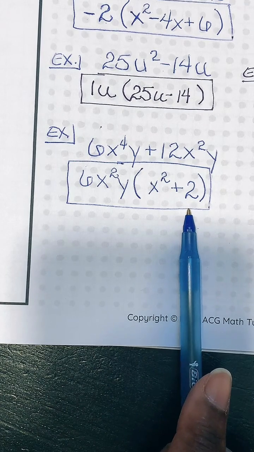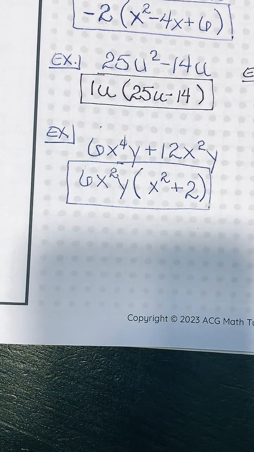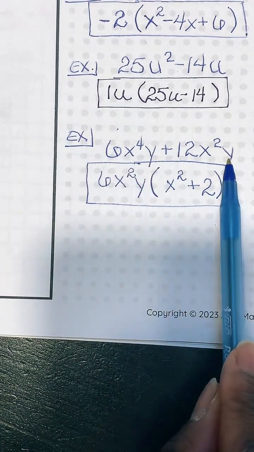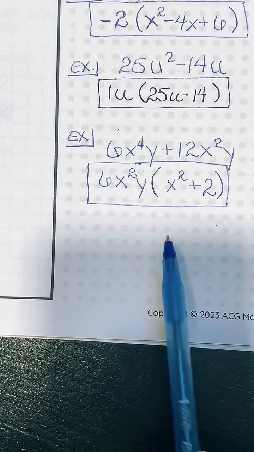And if it was a 1, it has to be a negative 1. Okay, gotcha. But why not keep all the letters in the parentheses and just have the 6 out? Well, we also have to include what they have in common, because here's the thing.